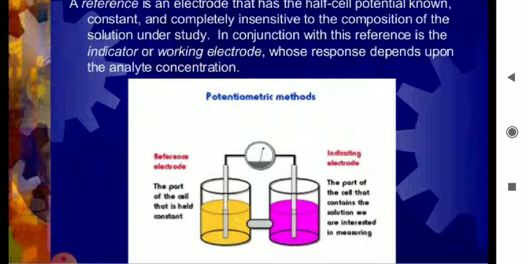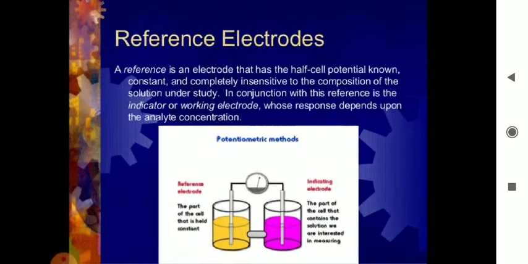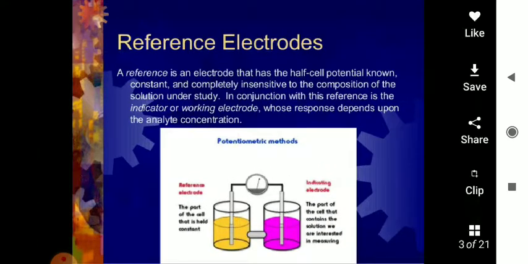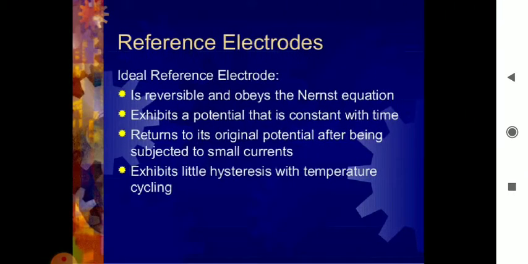The left hand side solution, in yellow color, has the constant or known potential, which we use to calculate the potential of the other electrode.